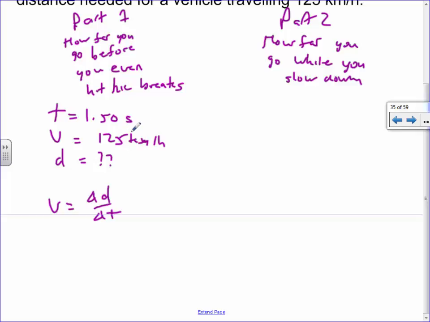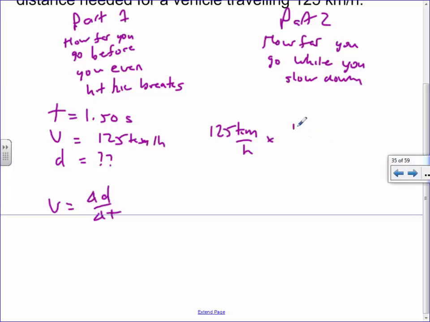We have to convert the 125 kilometers an hour. We did this a little while ago, right? 125 kilometers per hour multiplied by 1,000 meters in a kilometer, multiplied by, in 1 hour, there are 3,600 seconds.